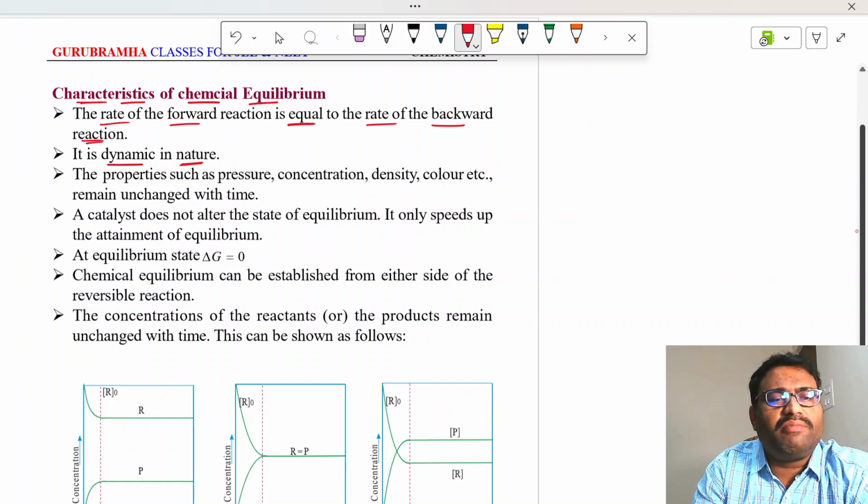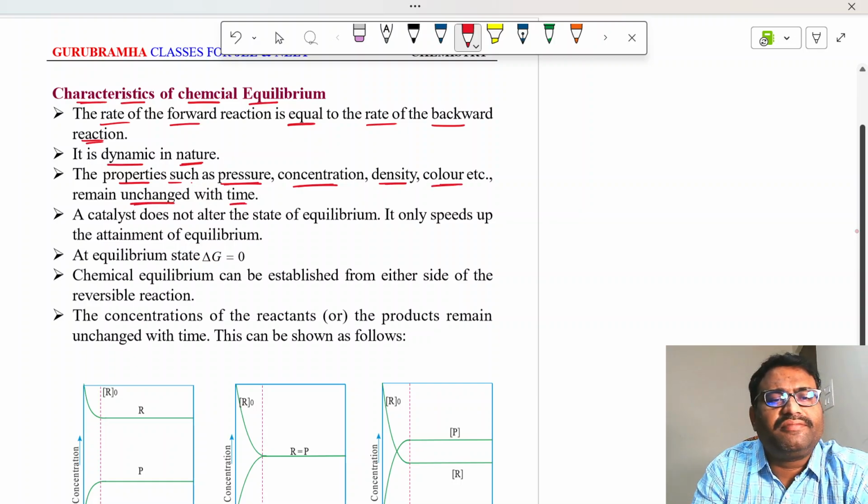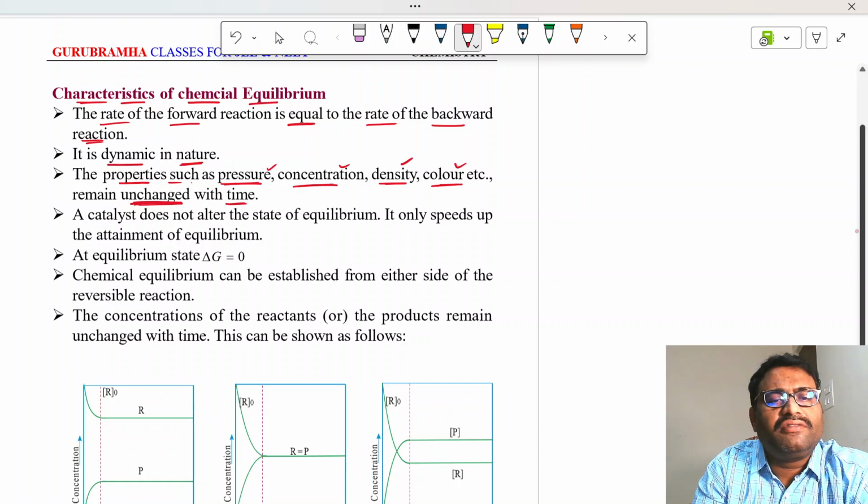Both forward reaction and backward reaction continue to take place at equal rate. Properties such as pressure, concentration, density, color remain unchanged with time. Unchanged means they are remaining constant with time.